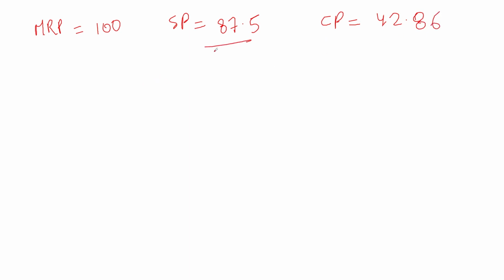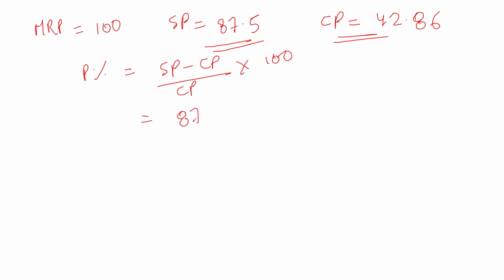Now I have the new selling price, I have the cost price. So obviously you can see it's a profit because selling price is more than the cost price. So the new profit percentage will be selling price minus cost price upon cost price into 100. So selling price is 87.5 minus 42.86 divided by 42.86 into 100.